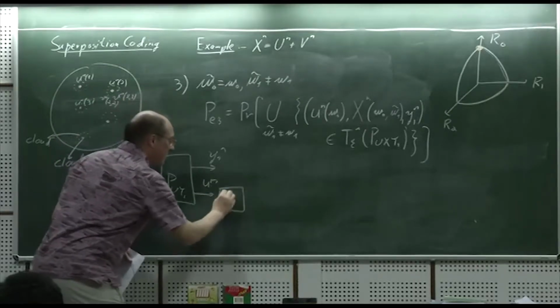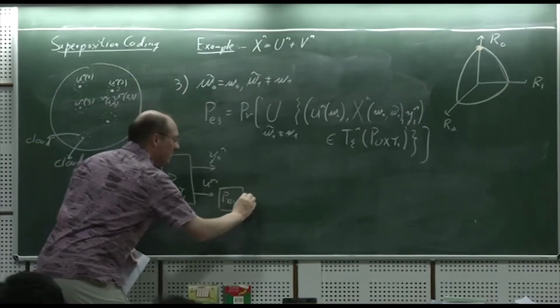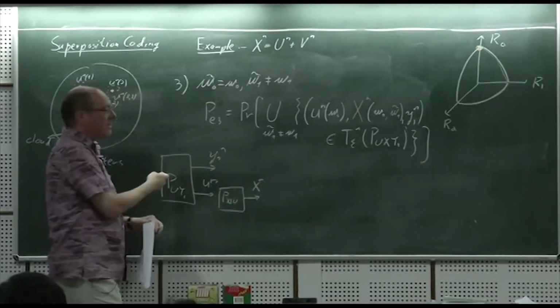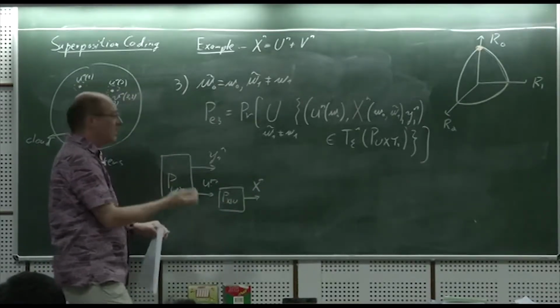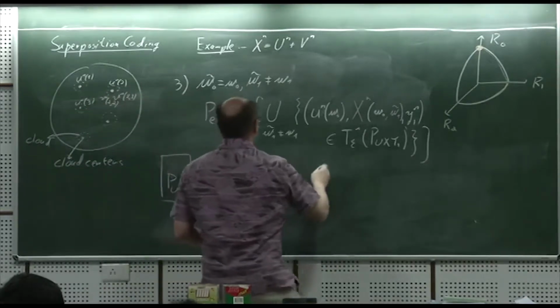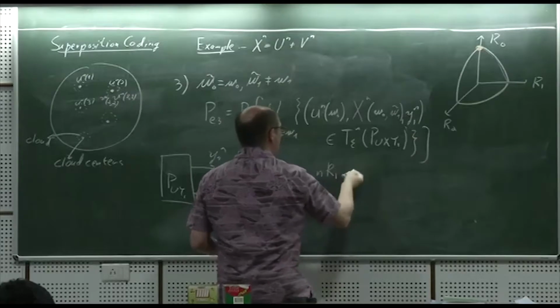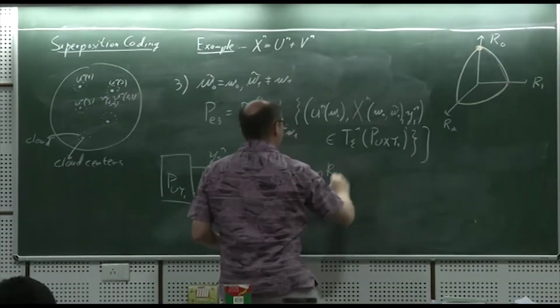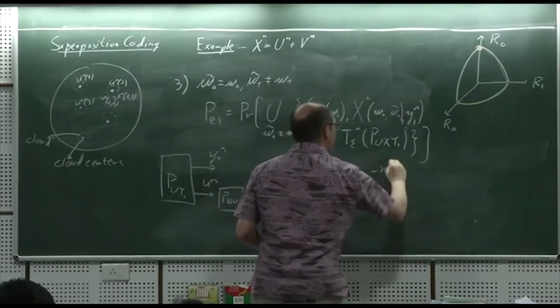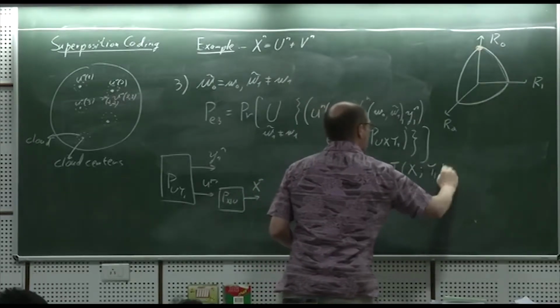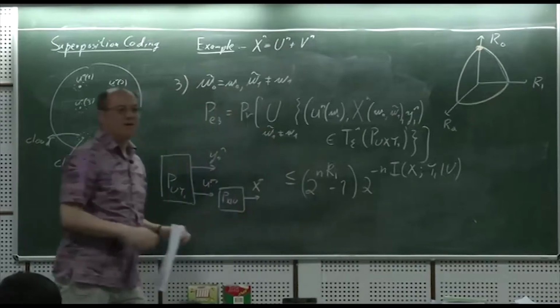But the X was only chosen via U, not via Y1. So we're back exactly in the situation we're interested in, which gives us that this is less than or equal to, the union will give us, 2^(nR1) minus 1 times 2^(-nI(X;Y1|U)). That's why I needed to do that example.